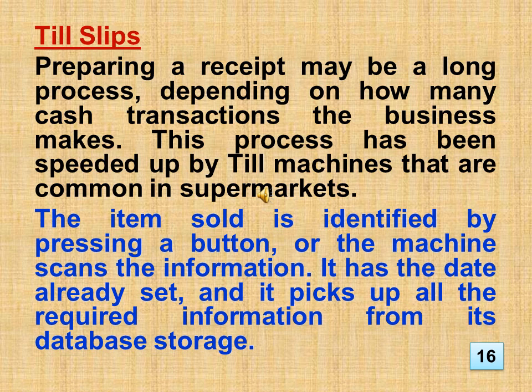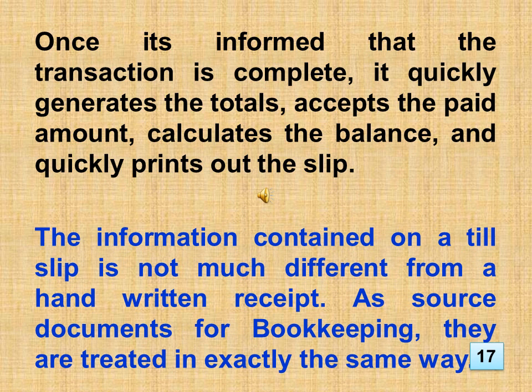It has the date already set, and it picks up all the required information from its database storage. Once it's informed that the transaction is complete, it quickly generates the totals, accepts the paid amount, calculates the balance, and quickly prints out the slip. The information contained on a till slip is not much different from a handwritten receipt. As source documents for bookkeeping, they are treated in exactly the same way.